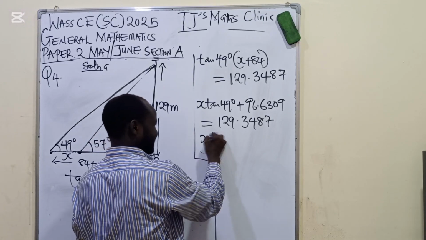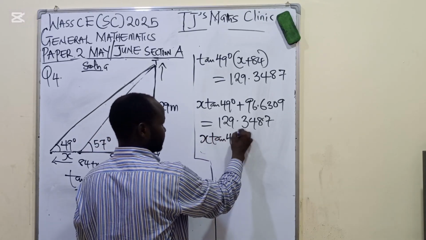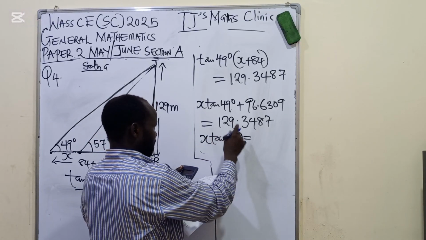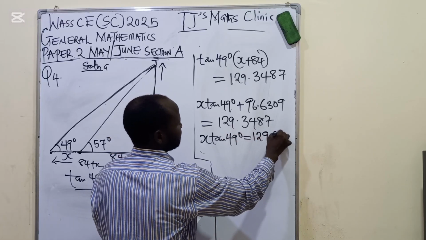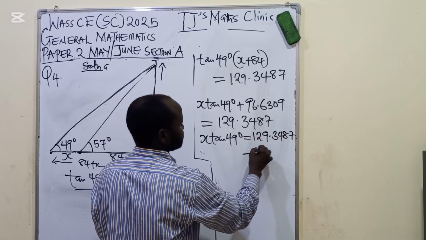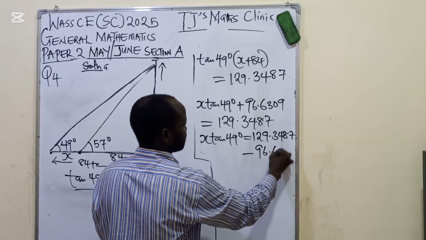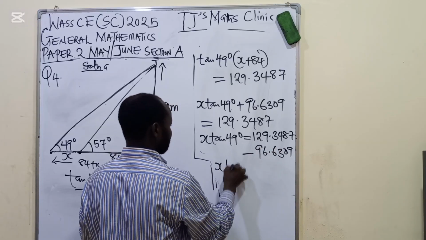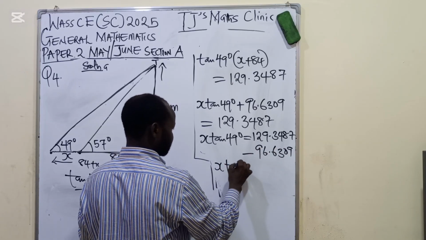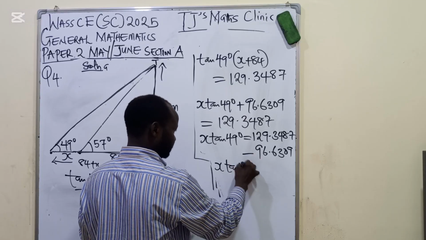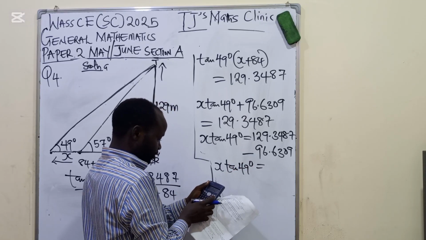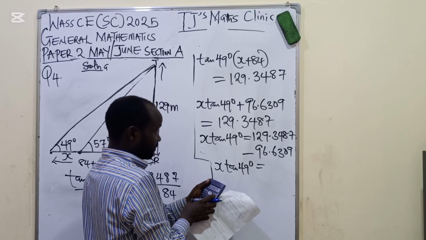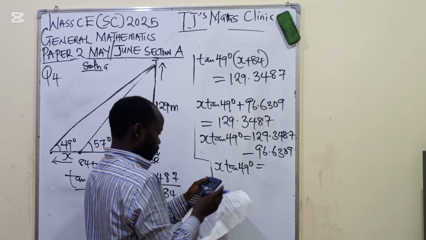Very important. Let's collect like terms. We have x tan 49 degrees will be equal to 129.3487 minus 96.6309. What do we have?